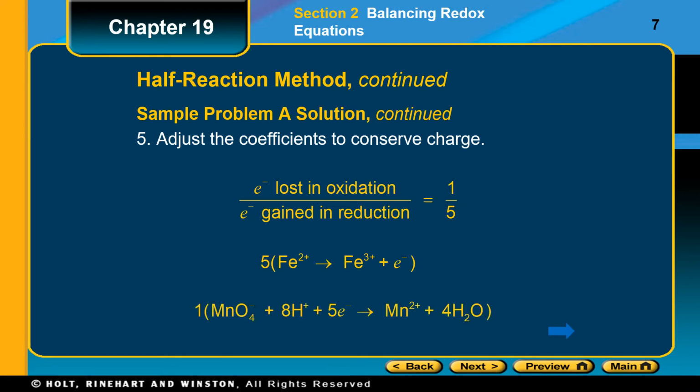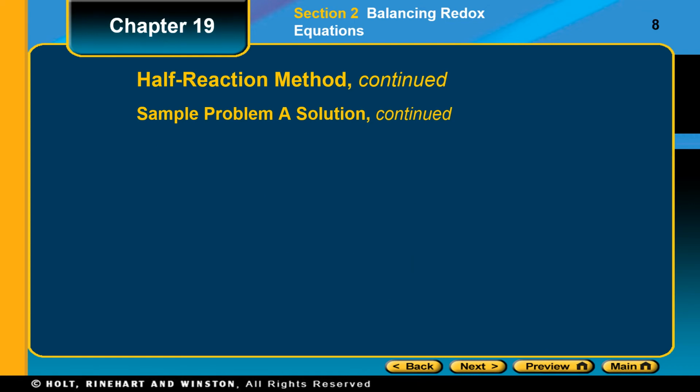The manganese one already has 5, so we're essentially multiplying by 1. So after doing that, we'll have 5 irons on the left side, 5 irons on the right side, and 5 e negatives on the right side.